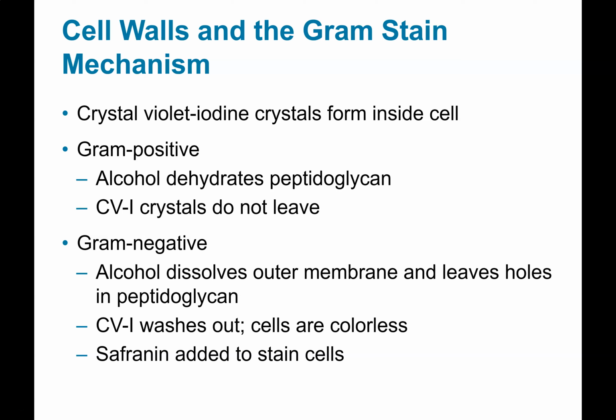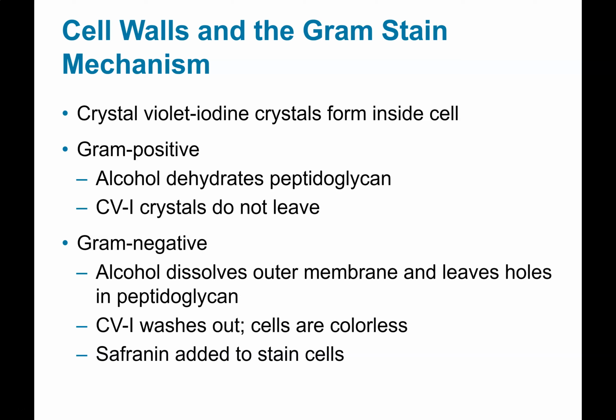It will stick to both gram-positive and gram-negative bacterial cells because they both have negative charges in the cell wall, in the cytoplasm. Now, don't get confused that gram-positive, gram-negative has anything to do with charge. It has nothing to do with charge, okay? They both have negative charges in their cell. The positively charged crystal violet dye is going to stick to the bacteria and stain both of them purple.